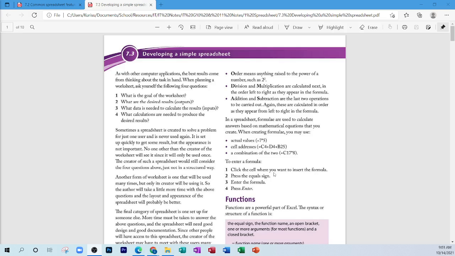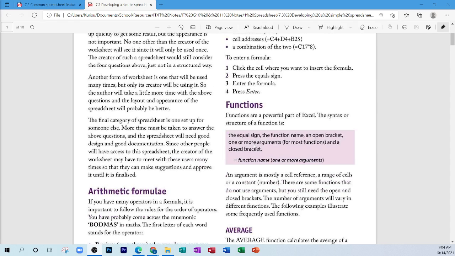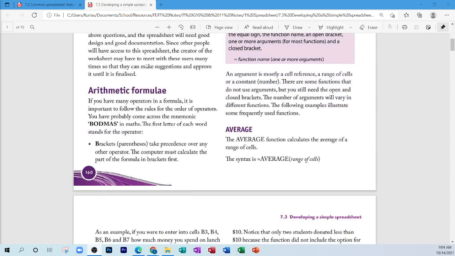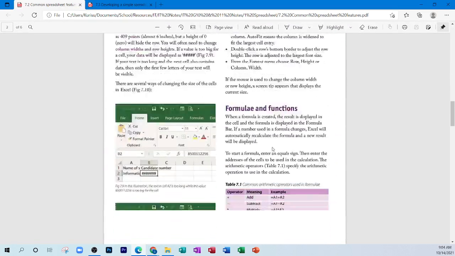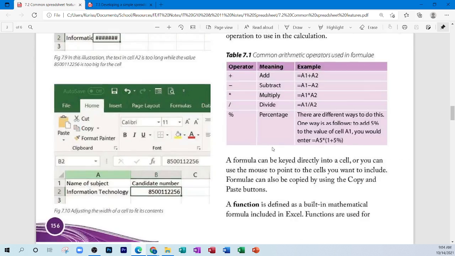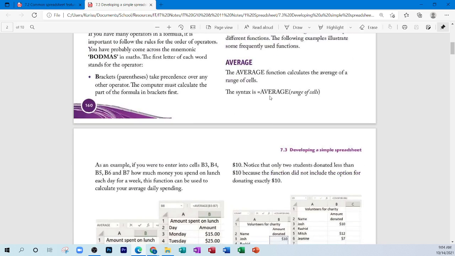In a brief review of what we looked at last class, we were talking about the difference between function and formula. I said one of the differences is that when it comes to operators, in a formula you would put the operator, but in a function, for example the average function, you do not see any operator.